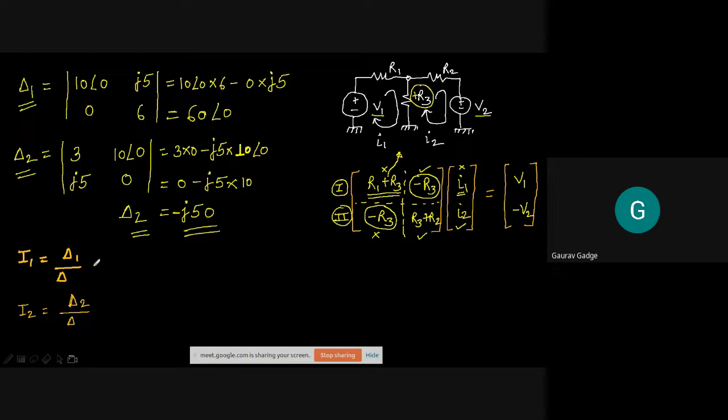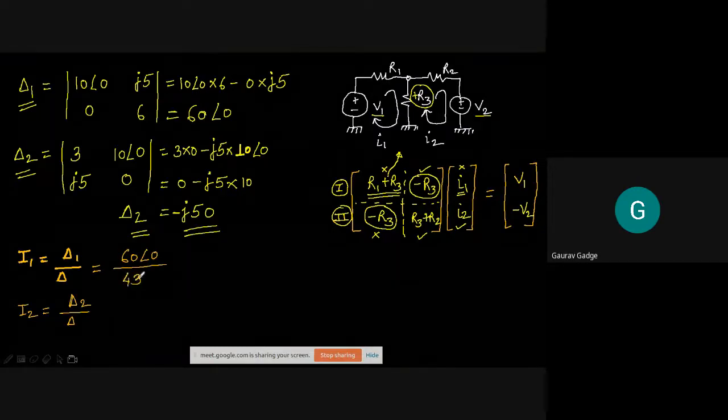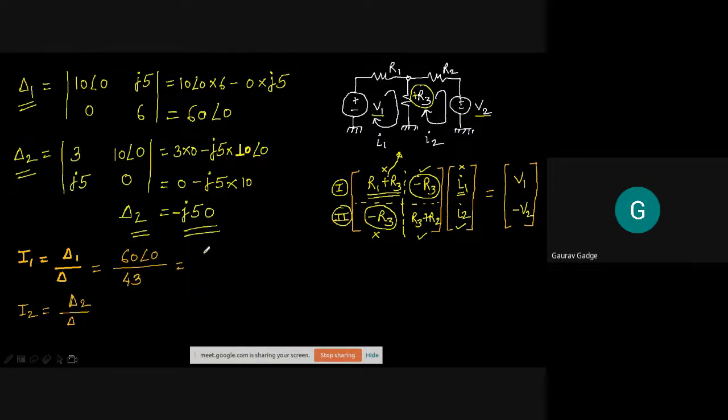That is Cramer's rule. So delta 1, how much? 60 angle 0 upon delta. What is the value of delta? It is 43. So 60 upon 43 is the answer. And what is 60 upon 43? It is 1.39 ampere. In the same way, I2 is delta 2 upon delta, that is minus J50 upon delta, and that delta is again 43.